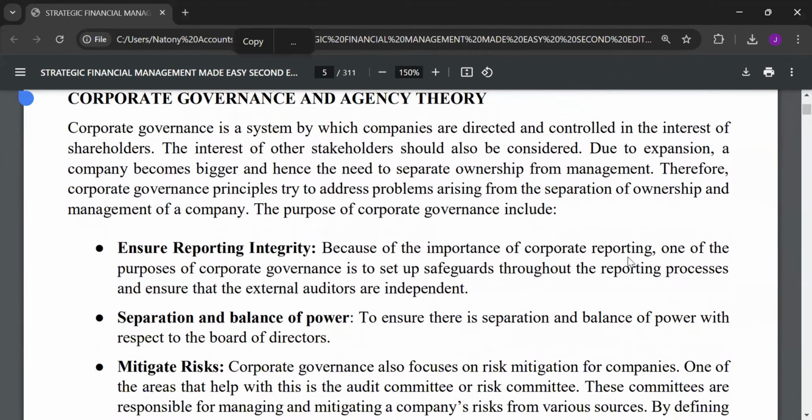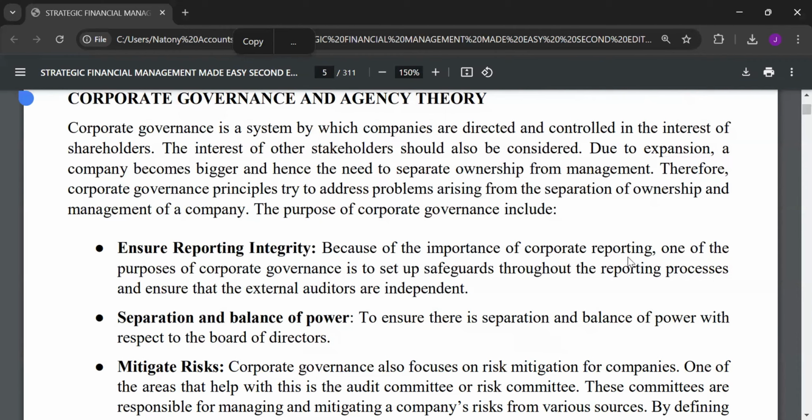Now, some of the purposes of this code is to ensure the integrity of financial reporting. If the financial reports are accurate, it's going to create a kind of transparency, visibility of what is happening. The stakeholders are able to see what the inflows are, what the outflows are, and it helps for decision making.